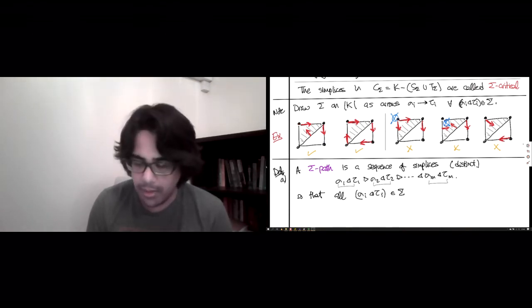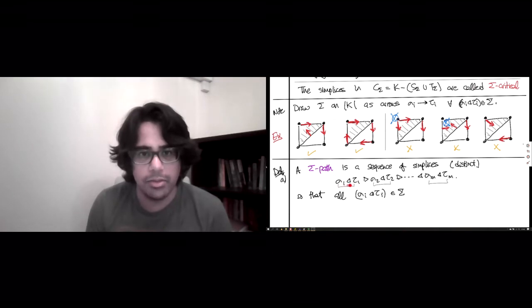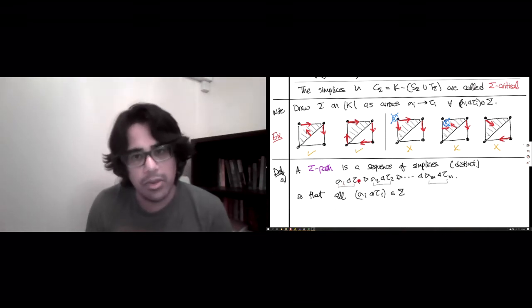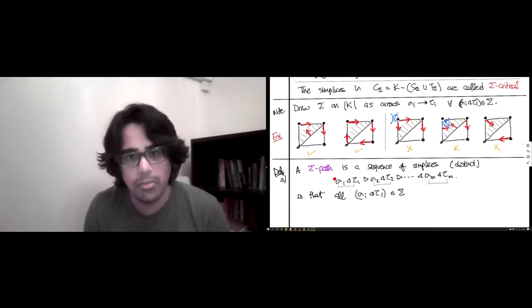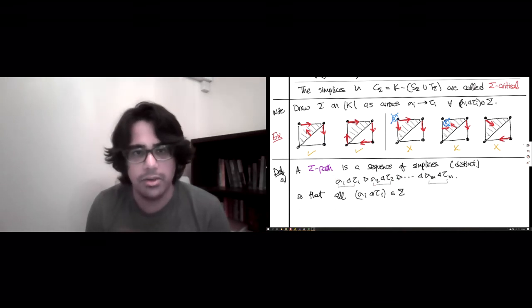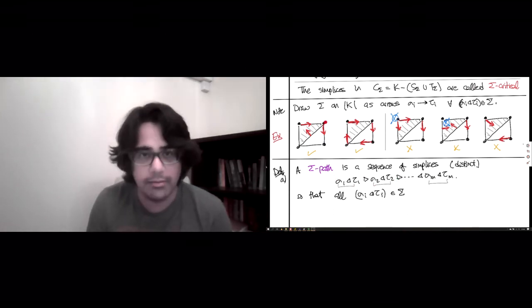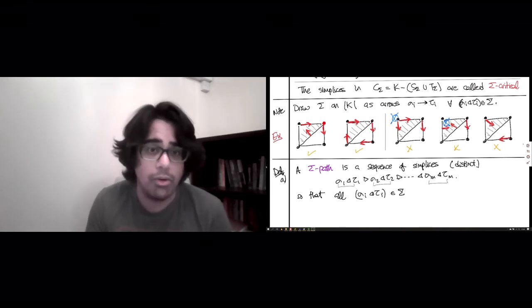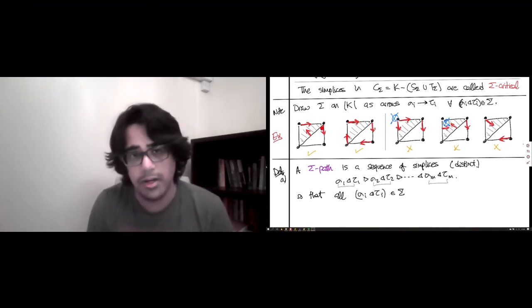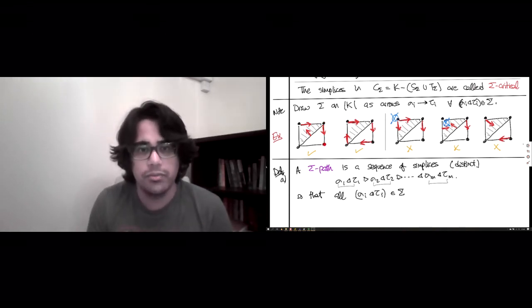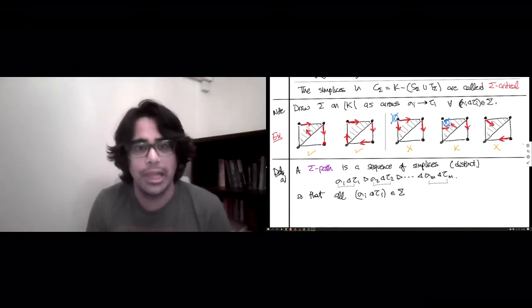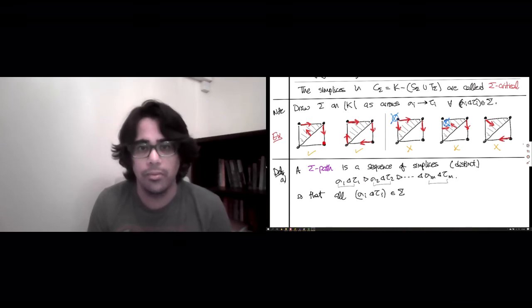So we've done this pair. So you've gone up a dimension. And now you want to drop a dimension. You cannot go back to sigma because of the distinctness. So you go ahead to the second vertex over here. And now there's a tau available because this vertex is also paired, and you go. And now when you reach this vertex, you stop. There's nowhere else. There's no arrow for you to climb up. That's the end of the road for you.